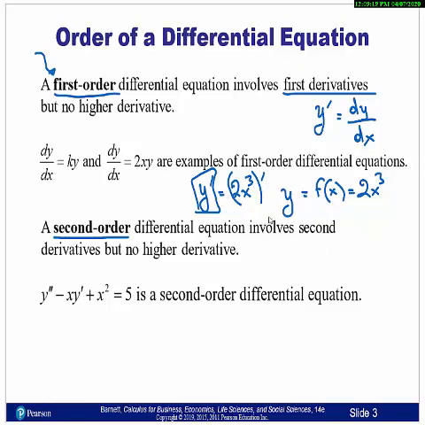Then you can rewrite that as y prime equals 6x squared, and this now will look like a first derivative. Again, the difference between a first derivative and a second derivative is involving in your equation only first derivatives of a function, while as you can see right here, we have in our equation also a second derivative.